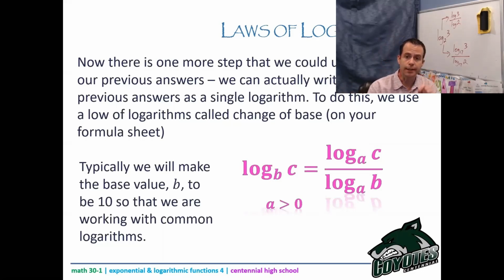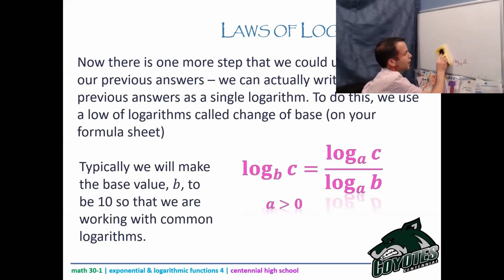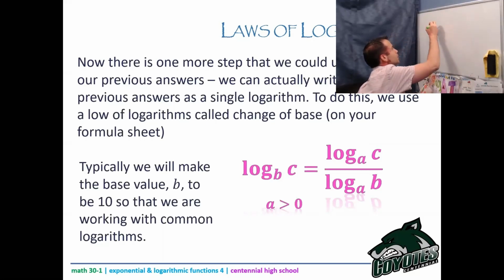Okay? Now, what I want you to see here, and we're actually going to use this to unpack the last law in a minute, is that everything in math is bidirectional, right? So if I can go from here to here, that also means I could go from here back to here. And that's what I want to take a look at. So before we look at these questions one more time, just think this through for me.